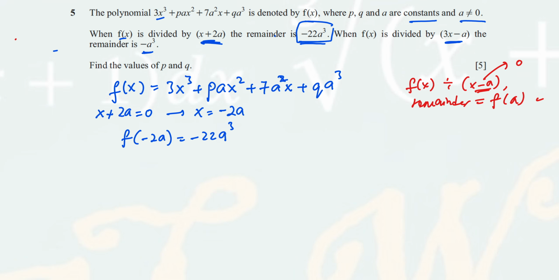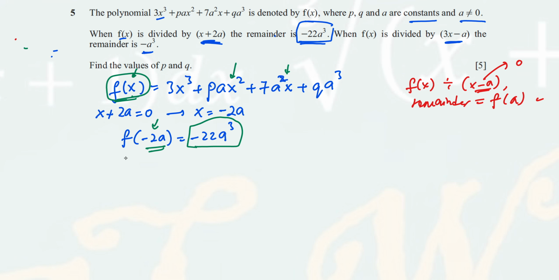Okay, now you just replace. See here, f(x), f of minus 2a. That means your x now becomes minus 2a. So replace all the x here, and at the same time, this whole value is negative 22a cubed.